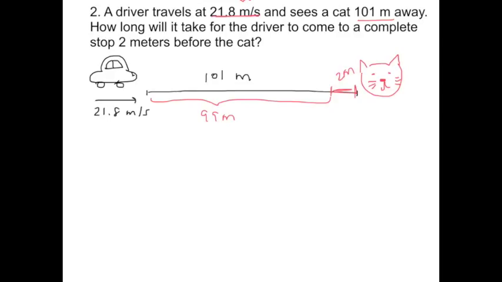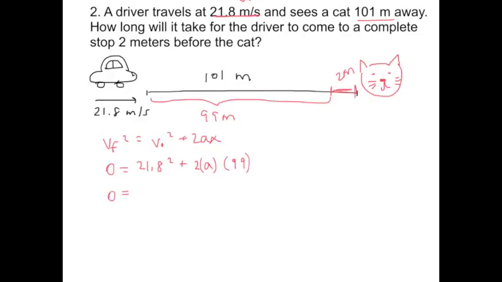We don't know anything about time yet, so we're going to use this equation, v final squared equals v initial squared plus 2ax. We know v final, that has to be 0. And we know v initial, that's 21.8 squared plus 2 times the acceleration we're solving for, and we know that the position is 99. So we'll square the 21.8.